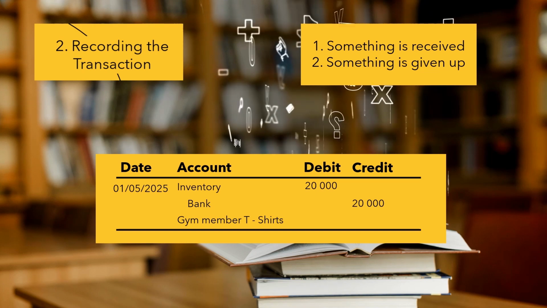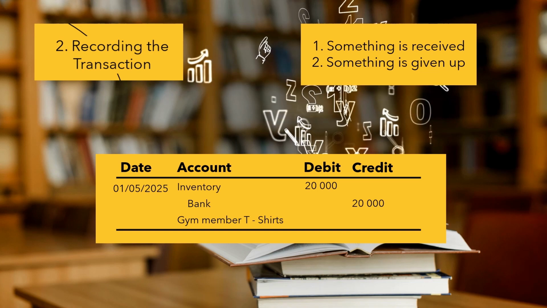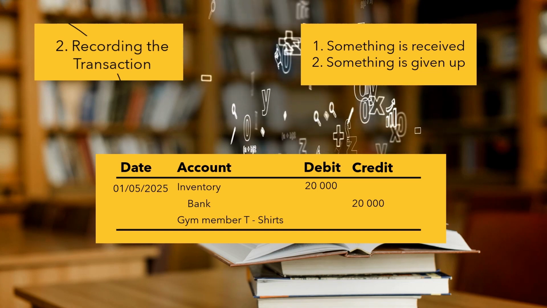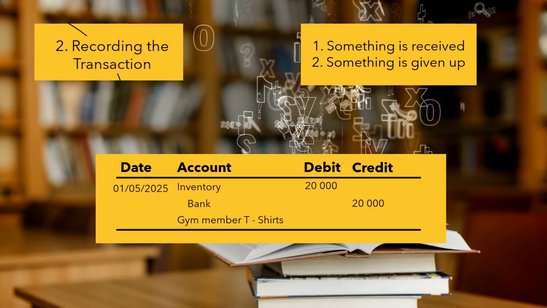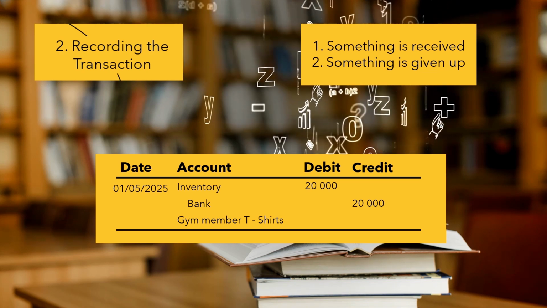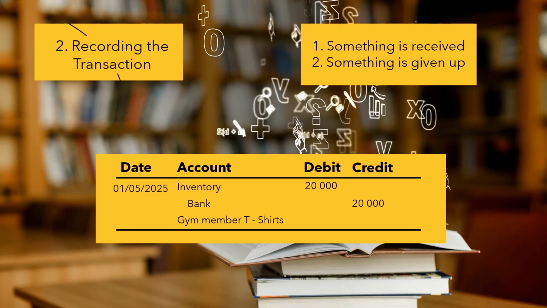Each journal entry consists of a date, a count, a debit, and a credit. So, the 1st of May, you bought 20,000 Rands worth of inventory, the t-shirts, and you paid 20,000 from your bank account, so your bank is credited.